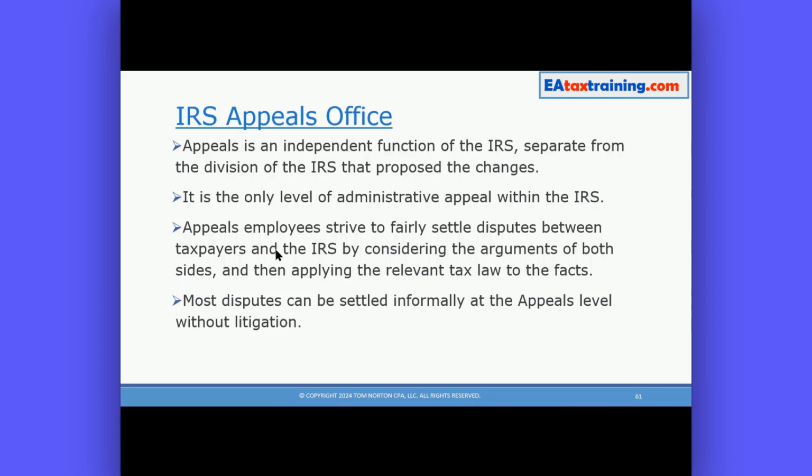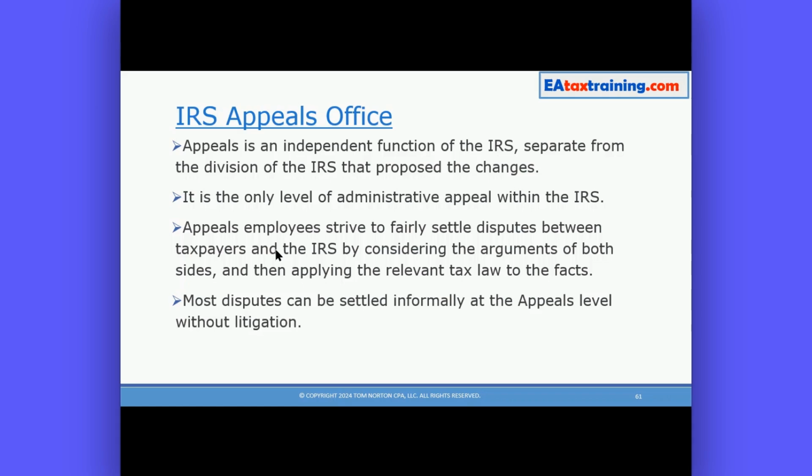Most disputes can be settled either informally, meaning without having to go to appeals, just talking to the IRS employee and their manager, or at the appeals level without going to litigation. So you're going to read tax cases, and you're going to see lots of cases in the Tax Court. And if you're reading a lot of cases, you may get the impression that lots of cases go to court, but that's just not true.